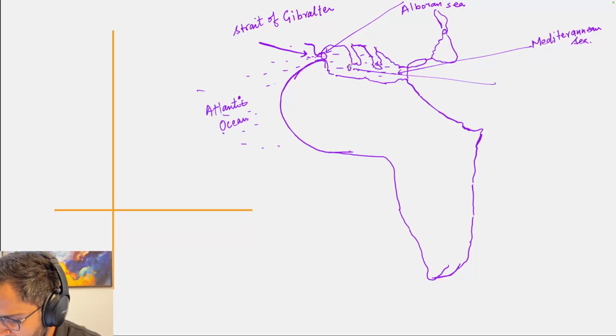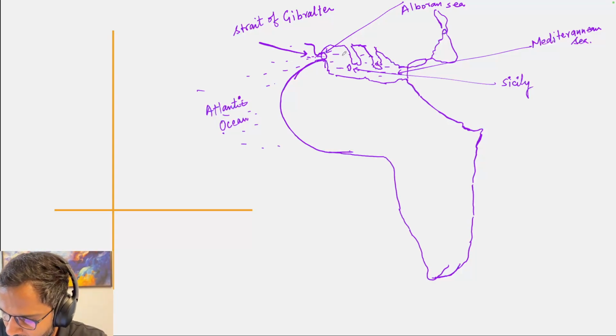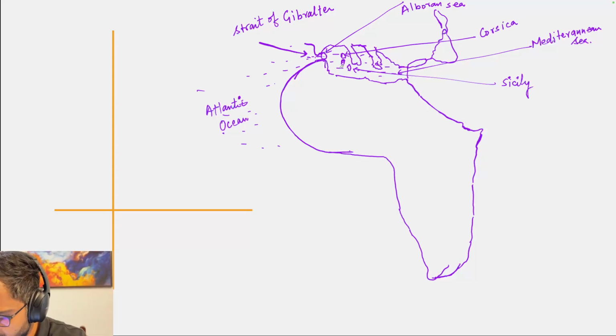So this is island Sicily, and if you look at the west of Italy country, over here you'll find two other islands named as Corsica and Sardinia. This northern one is Corsica and this southern one is Sardinia.